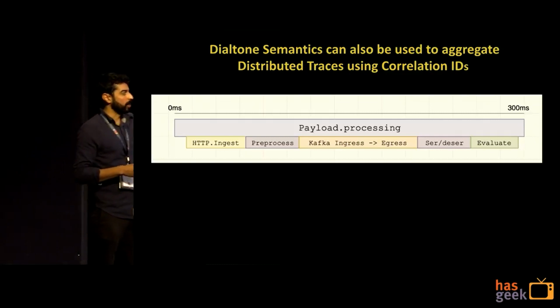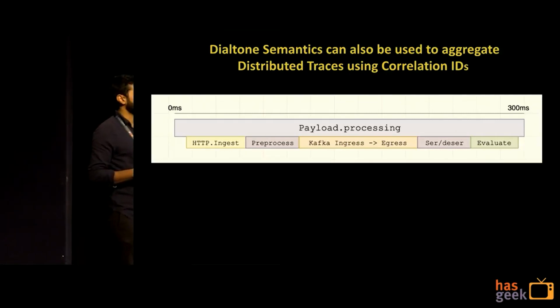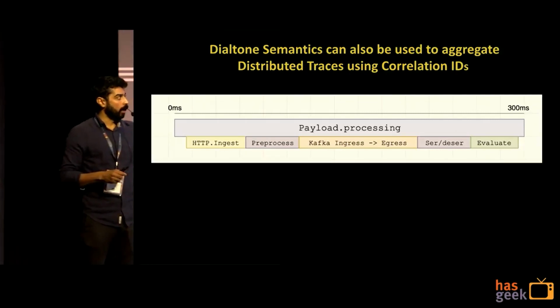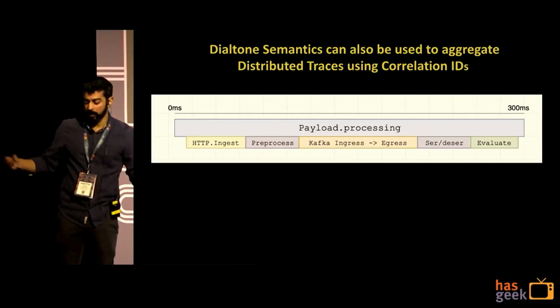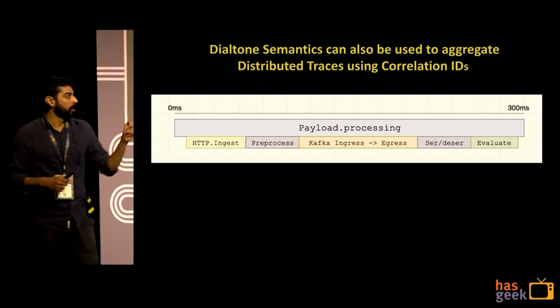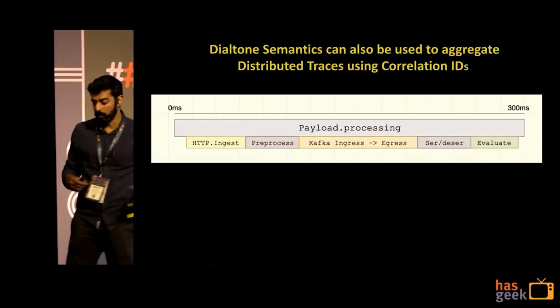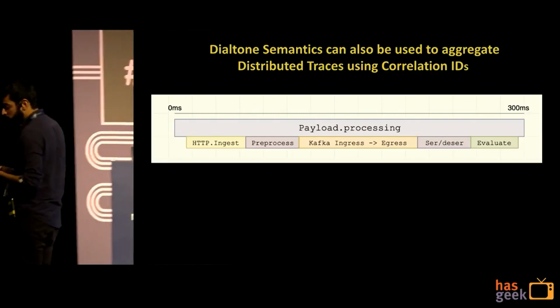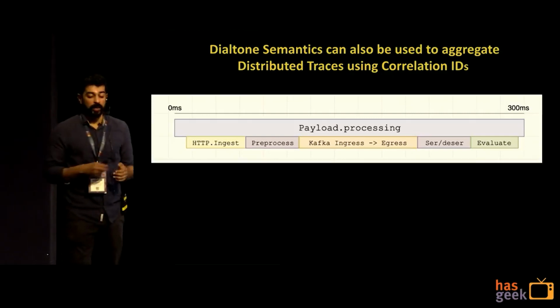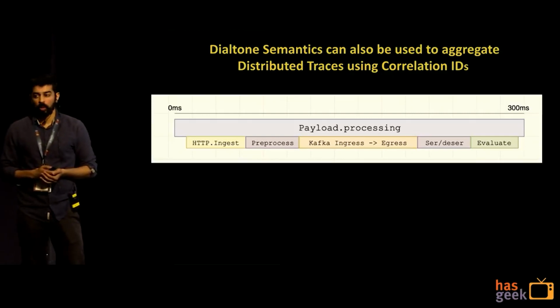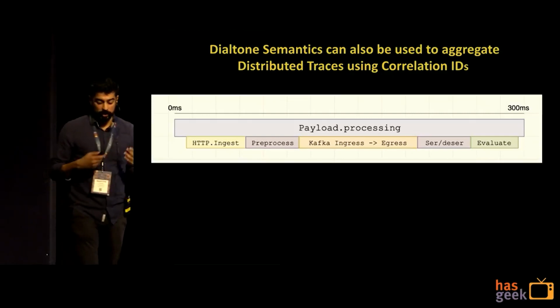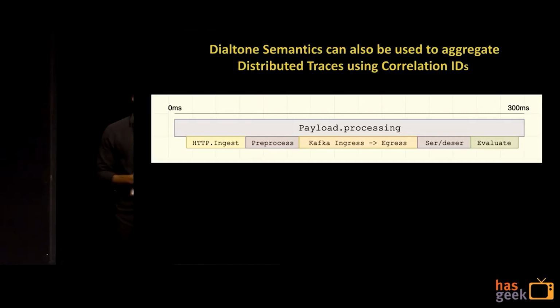So HTTP ingest, whatever pre-processing and database lookups need to happen, the path that the payload takes through Kafka, serialization, deserialization, and finally the actual alert being evaluated. Being able to get this view into our system was super critical for us, giving us the visibility to know where systemic lag is and where we can direct our optimization efforts as engineers.